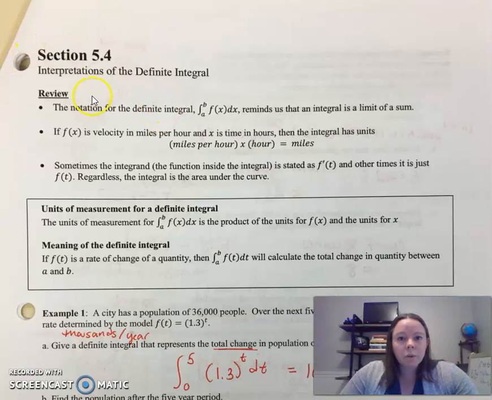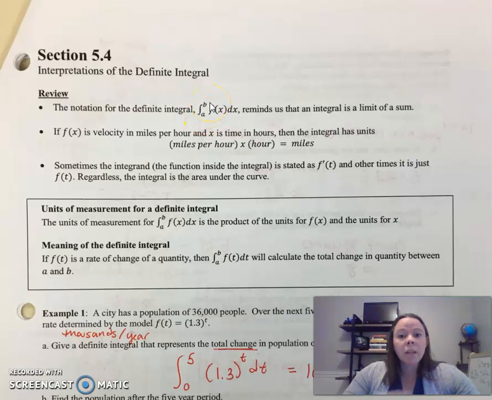So just a quick review, the notation for a definite integral, remember it's the integral from a to b of f of x dx. It's the area under this function to the x-axis. And if that function dips below, then it's going to come up to the x-axis from a to b.